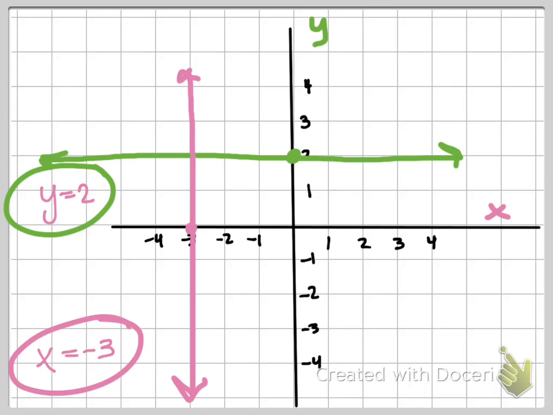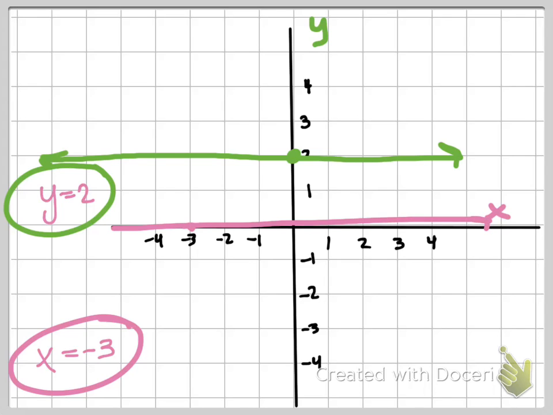I just want it to touch the x-axis at negative 3. That is the biggest mistake that people make, is they will go, okay, my x value is negative 3, so here's my line. Wrong. You cannot do it like that. It just crosses the x-axis at negative 3, and it will cross the y-axis at 2. Okay, so that's how you'd graph horizontal and vertical lines.